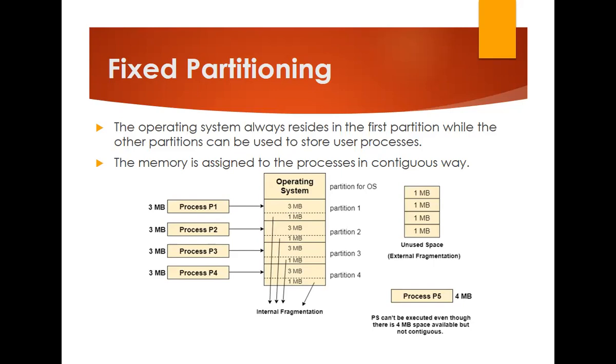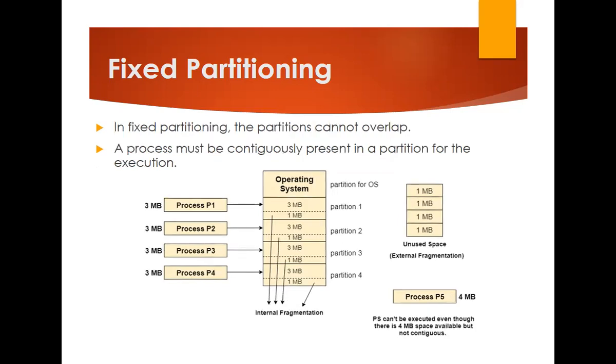As I told you, the operating system always resides in the first partition, while the other partitions can be used to store user processes. So the memory is assigned to the process in a contiguous way. This means we can't change the size of the partitions. In fixed partitioning, the partitions cannot overlap.